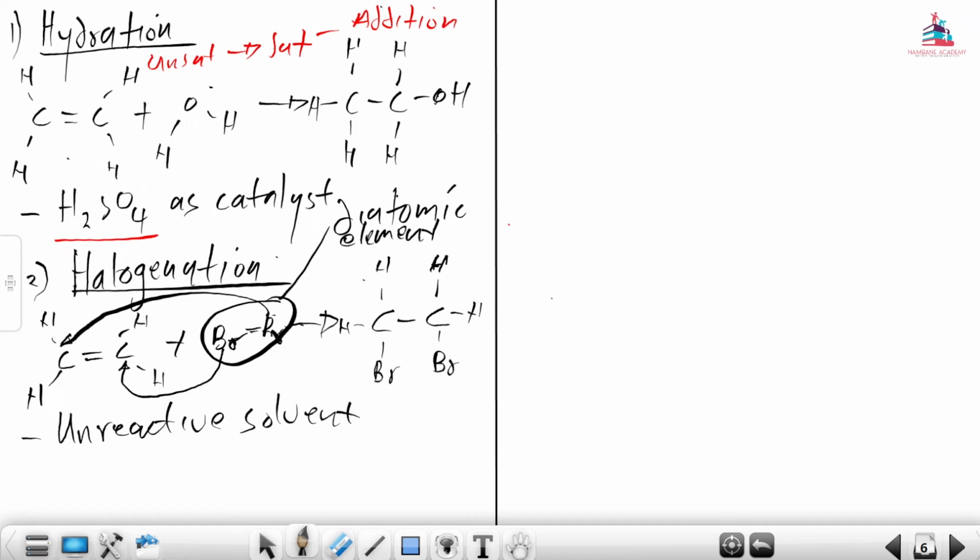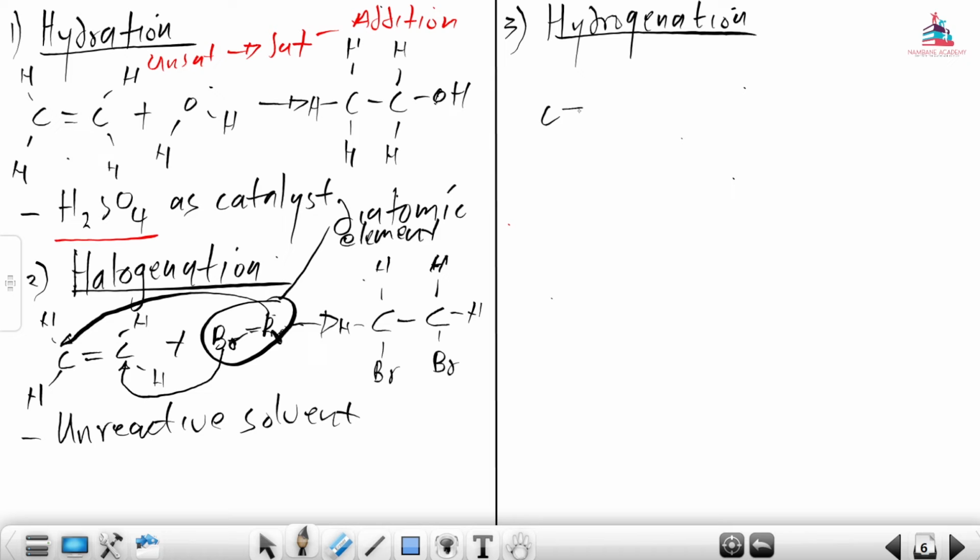So let's move to the other one, which is now number 3, hydrogenation.